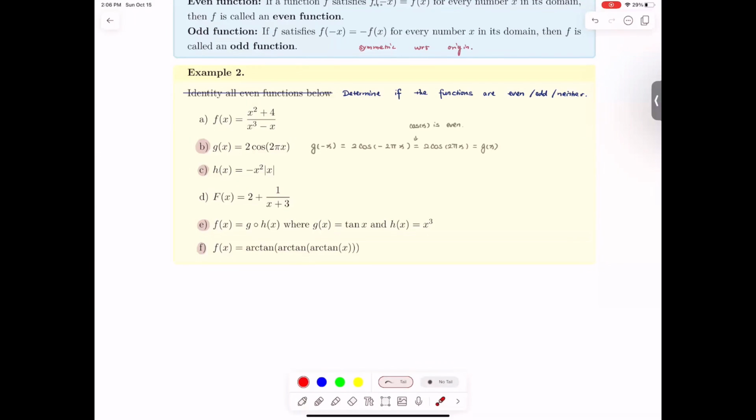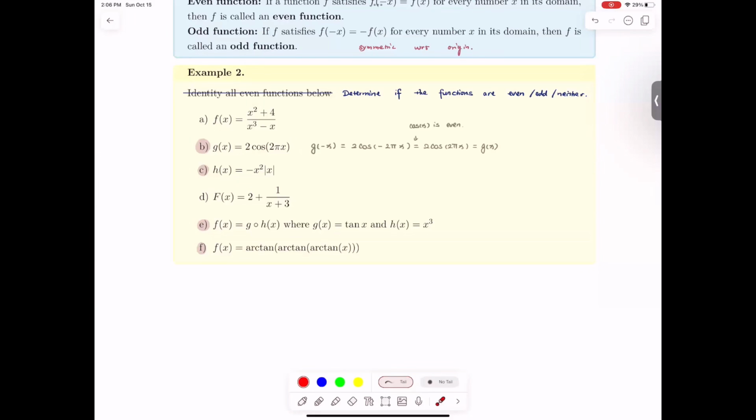What about C? If you don't compute it, can you tell if it's even or odd? Anyone? Without doing any computation, is it even or odd? Even. Why? Because since it's squared, it'll still end up being the same thing, so it'll still be equal to h of x.